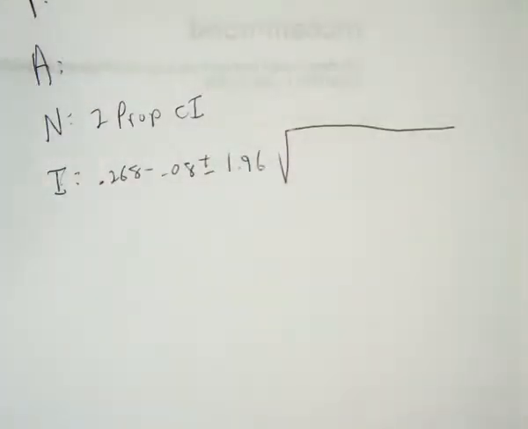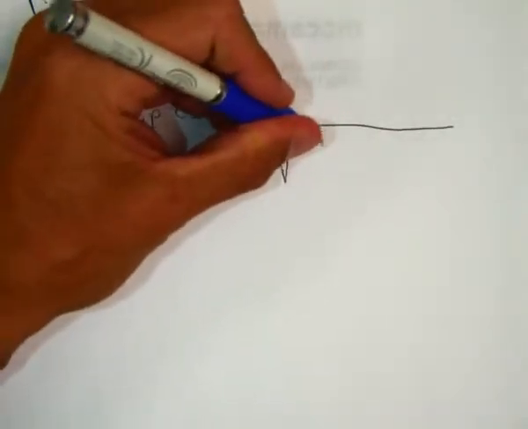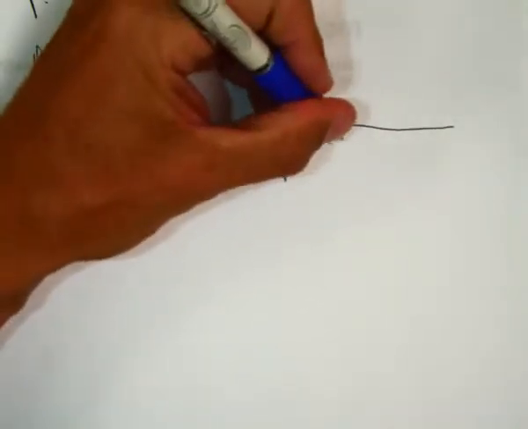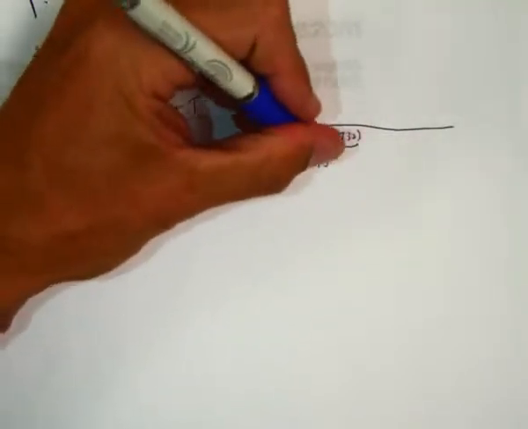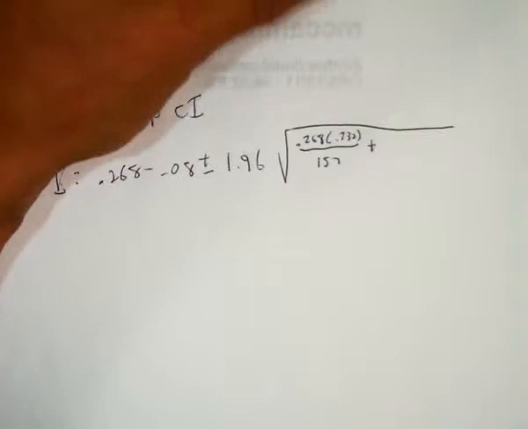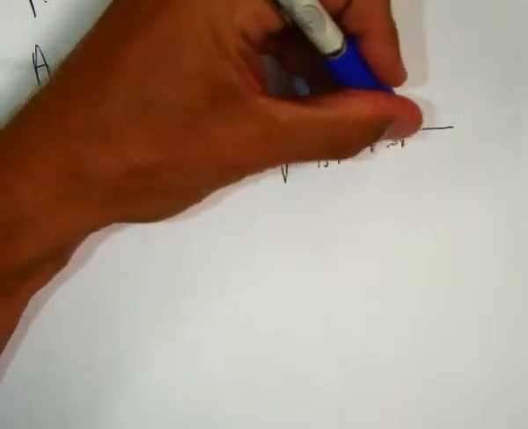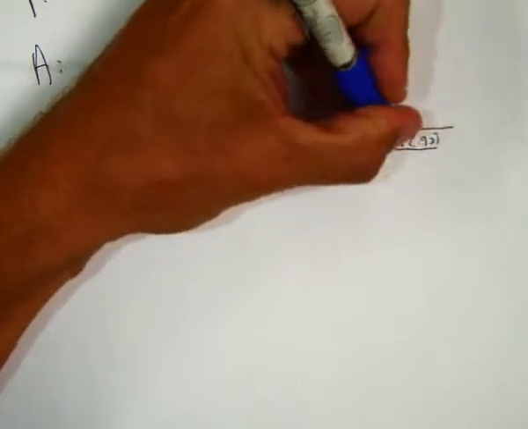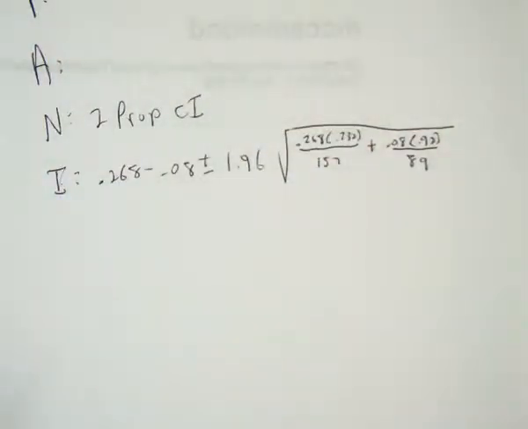And inside, again, we're going to do standard error, so we don't use p pooled. We're going to do p sub y hat q sub y hat over n sub y plus p sub o hat q sub o hat over n sub o. Okay, and that's what your formula is going to look like.